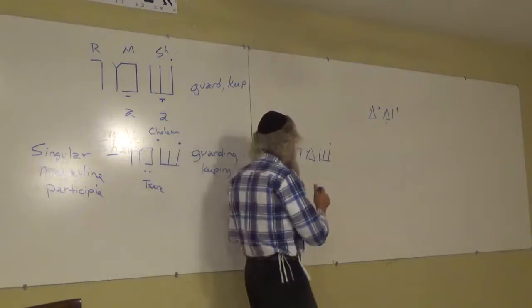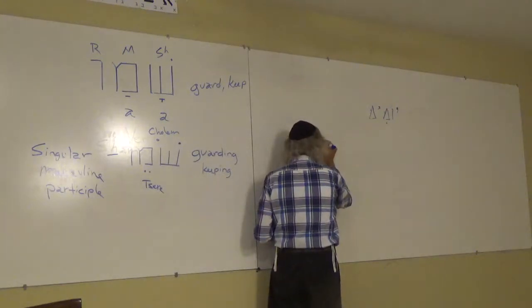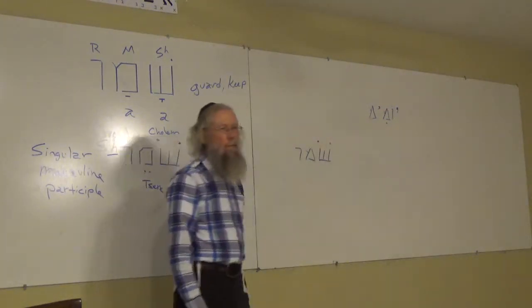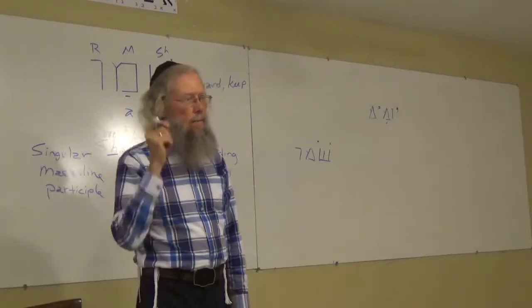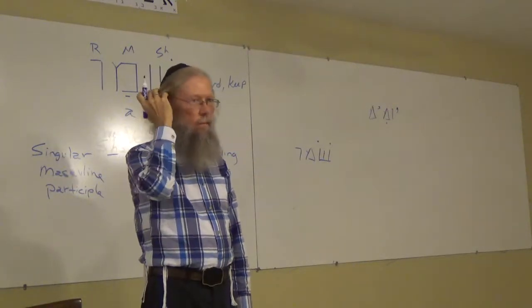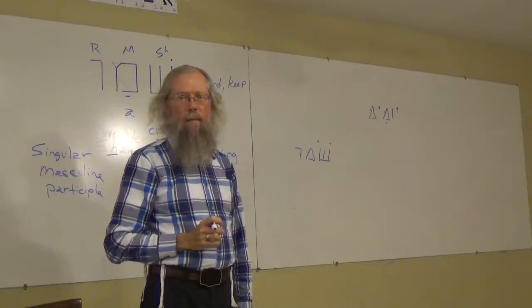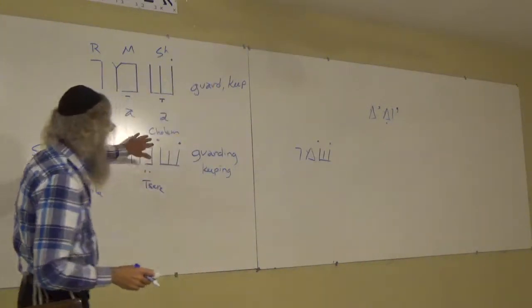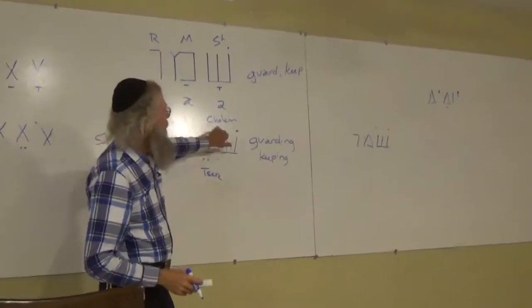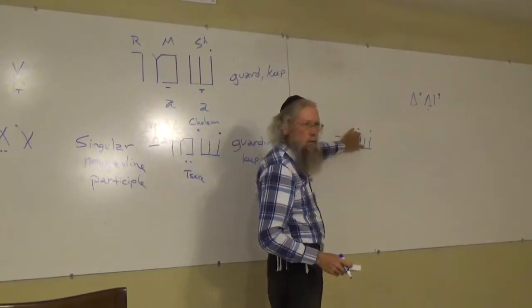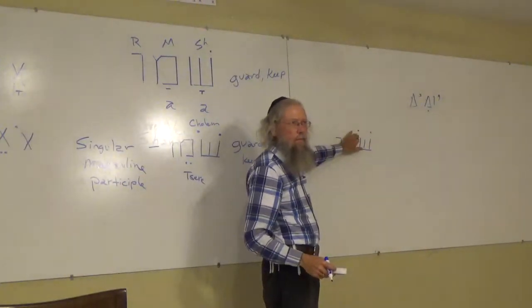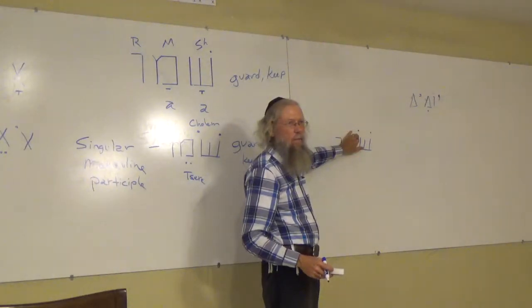Because it's going to be a participle, the cholem will stay. Just like you have the cholem here, now you're still going to have the cholem here. That's going to stay the same.